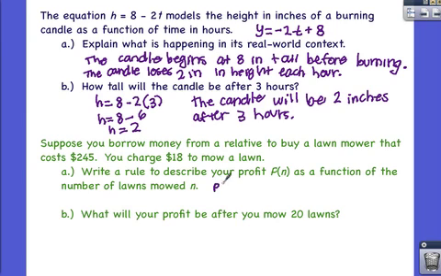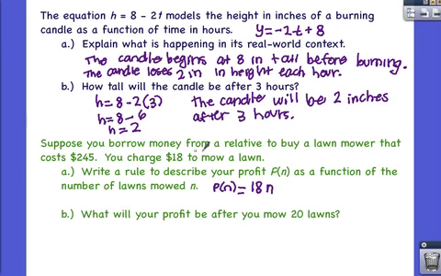So we're trying to find our profit, P of n. Your rate of change, or slope, is $18 because you're earning $18 for each lawn that you mow, and therefore that is your rate of change. So 18, and then our input is n, which represents the number of lawns mowed, and then we have to figure out our y-intercept, which is how much money you have in profit before you mow any lawns.